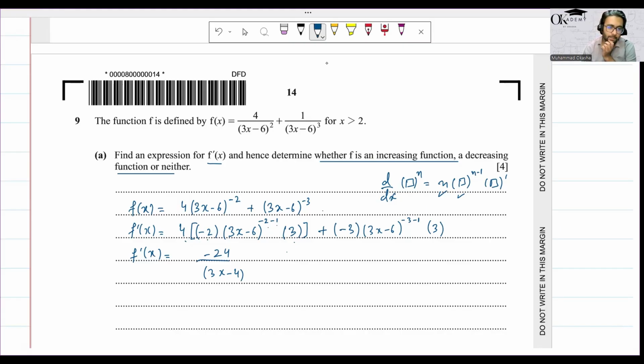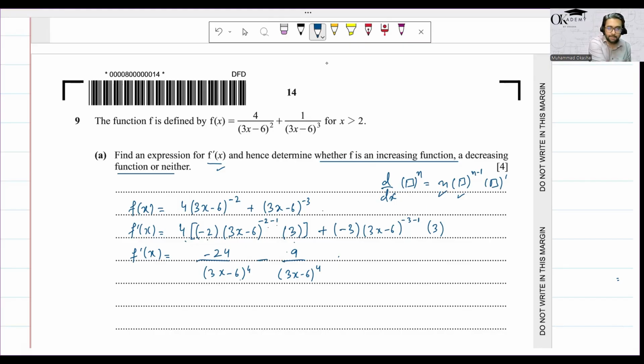So you'll have a positive 6... 3x minus 6 to the power of 4, minus 3 times 3, which is 9, over 3x minus 6 to the power of 4. So we have found the expression for the derivative of this function.